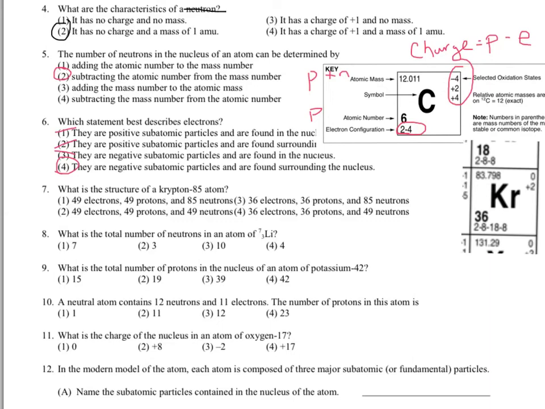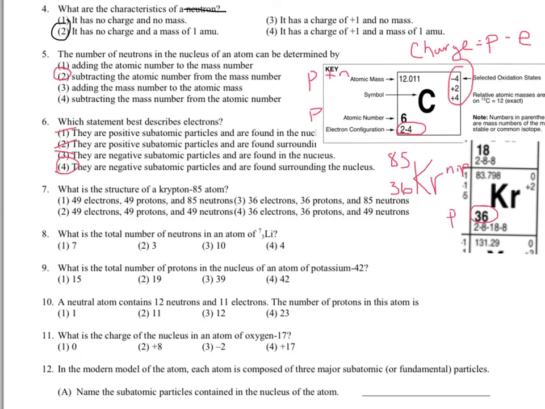So here we're asked about krypton 85. So the 85 is similar to this 83 number, but this is the exact number of protons and neutrons, 85. And we can see from our reference table, we have exactly 36 protons. So remember that this is the protons and neutrons.